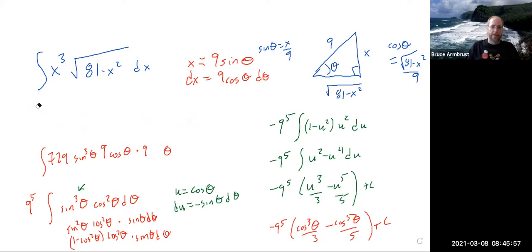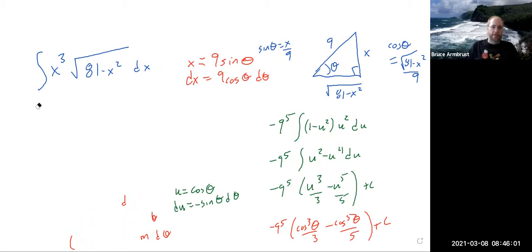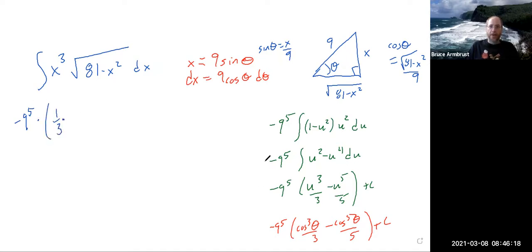Just make some space here. All right, so we have minus 9 to the 5th times, okay, 1/3 times cosine cubed.